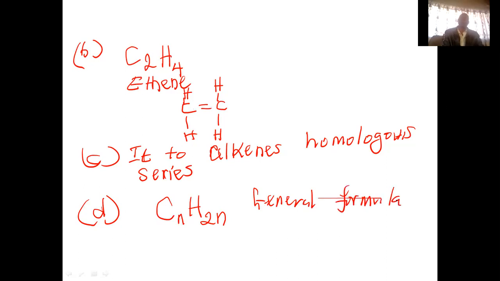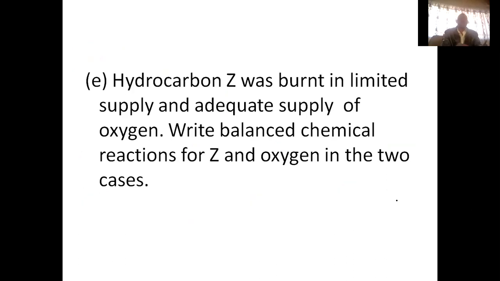And number E, hydrocarbon Z was burnt in limited supply and adequate supply of oxygen. Write balanced chemical equations for Z and oxygen in the two cases. So we'll start with the limited supply of oxygen.